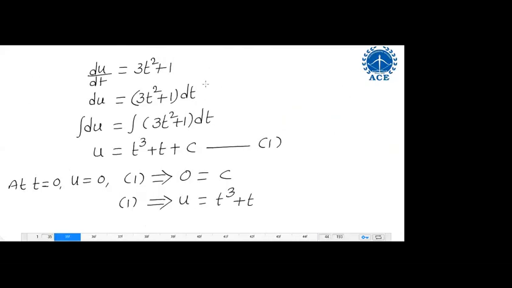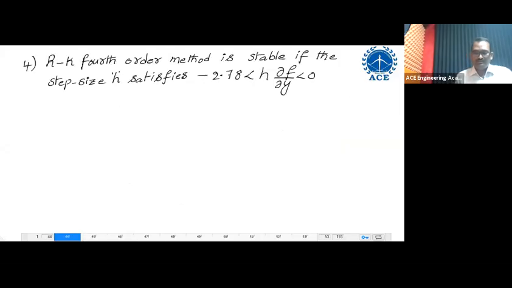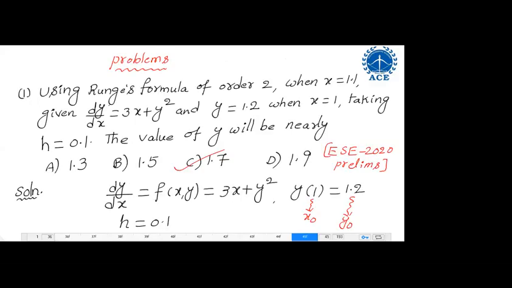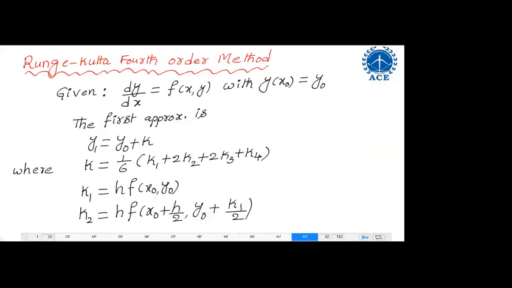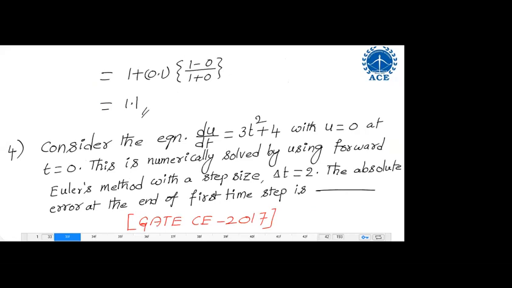Sir, in that question, the constant given was 4, but you took 1. One minute. Question number 4, page number 35. In this question, where is 4 given? Tell me. 3t square plus 4.